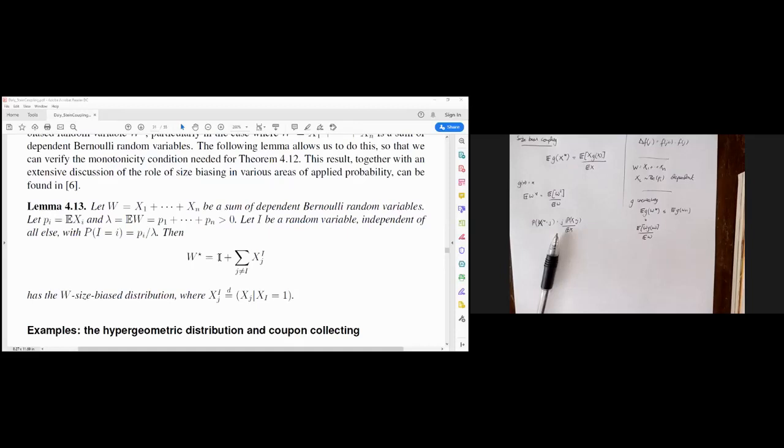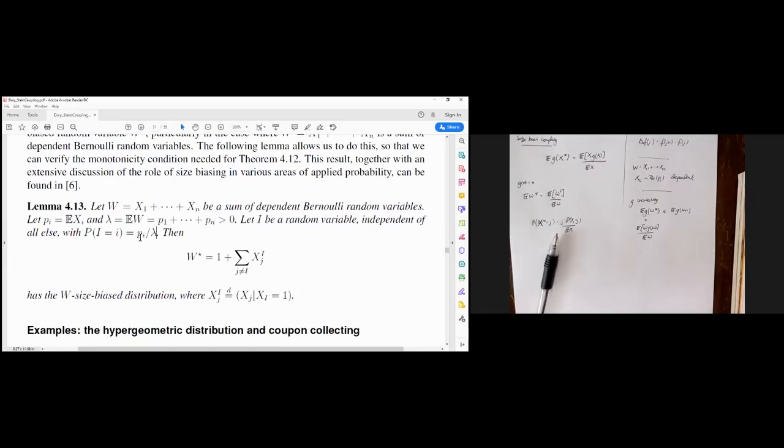So that's where that 1 comes from, because I've size biased one of my Bernoullis. How am I choosing which one I want to size bias? I'm choosing independently of everything else with probability proportional to the mean. Each x_i has mean p_i, so I'm choosing to bias the ith of these x's with probability p_i, normalized by lambda, because that turns the p_i's into a probability distribution.